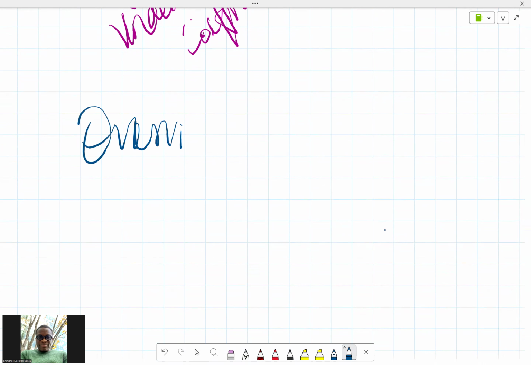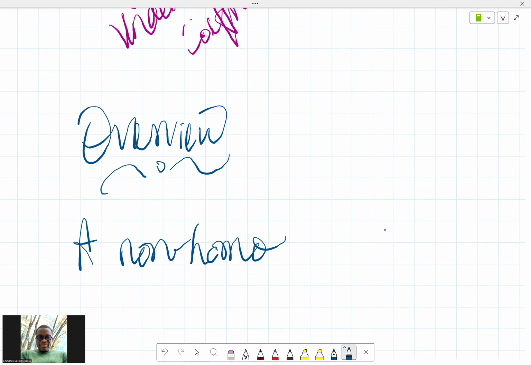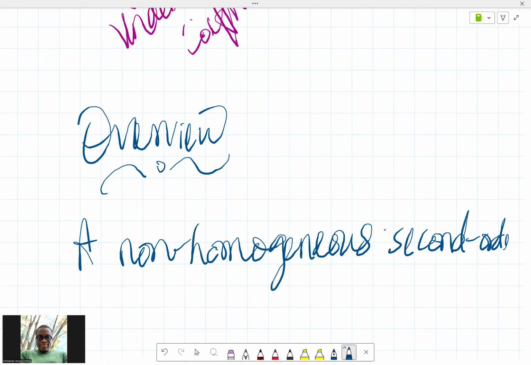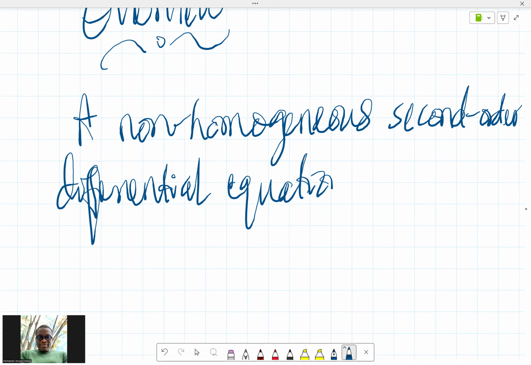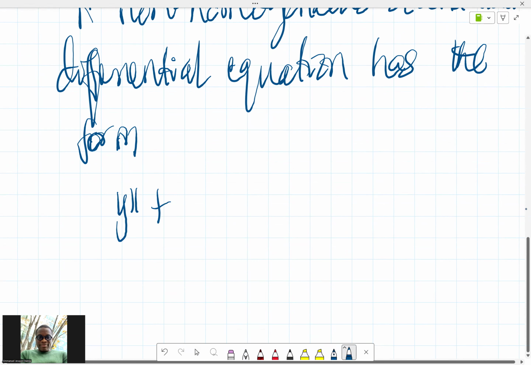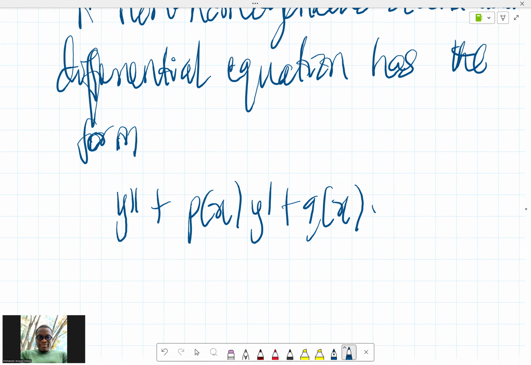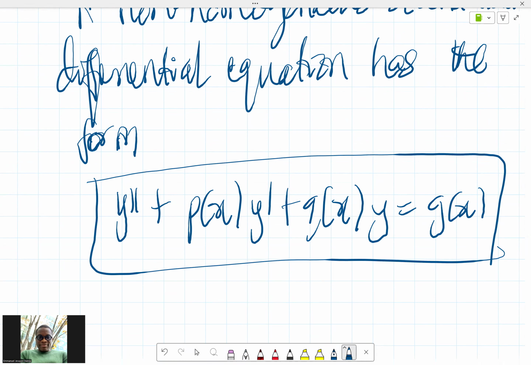As usual, a non-homogeneous second order differential equation has the form y prime prime plus p of x y prime plus q of x y equals g of x. So this is the form, and you can be flexible with this.